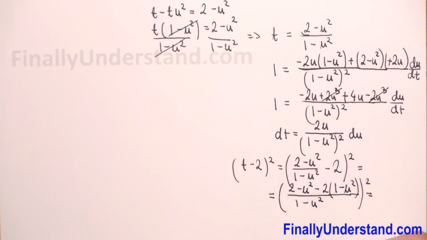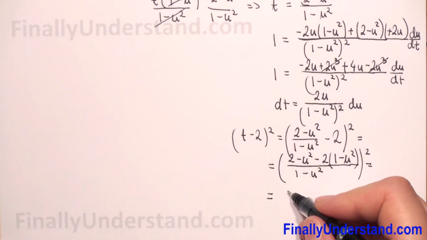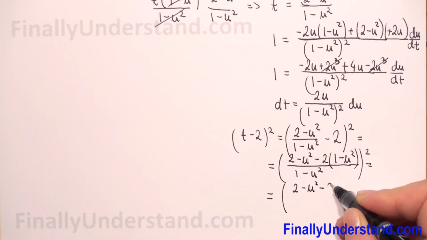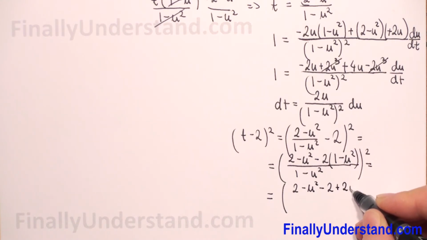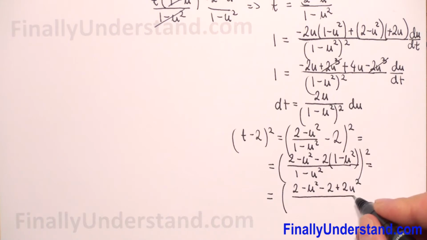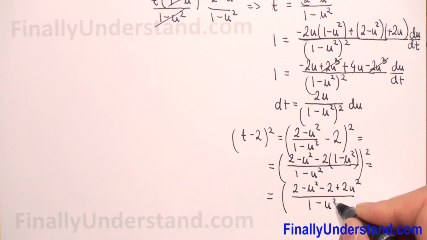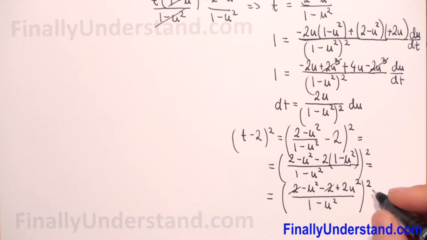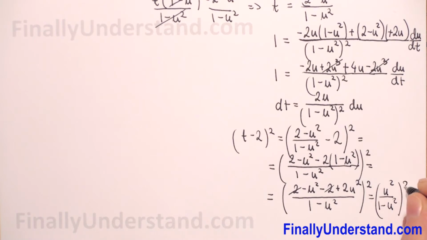So this is equal to, in parentheses, 2 minus u square minus 2 plus 2u square over 1 minus u square. 2 and negative 2 we can reduce, to the second power we have. So this is equal to u square over (1 minus u square) to the second power.